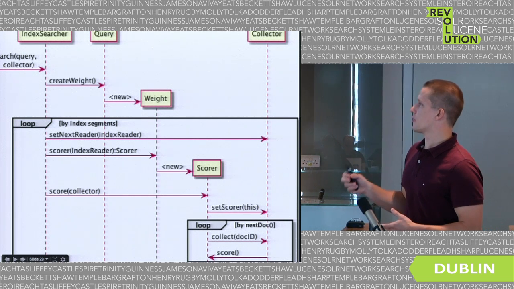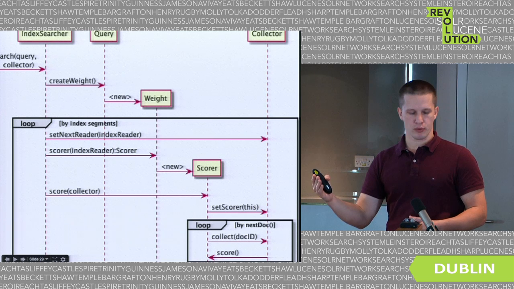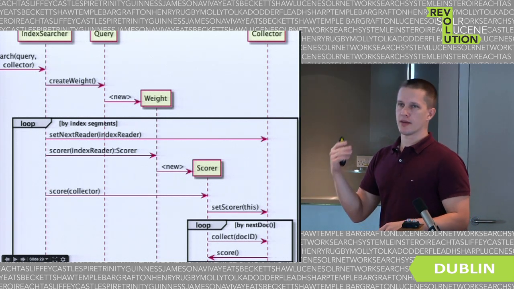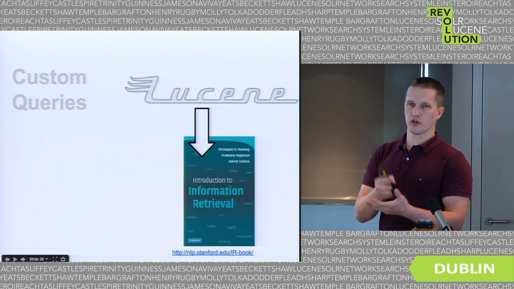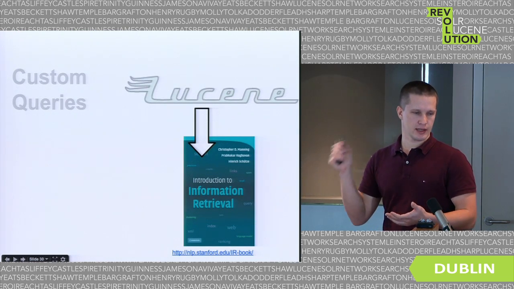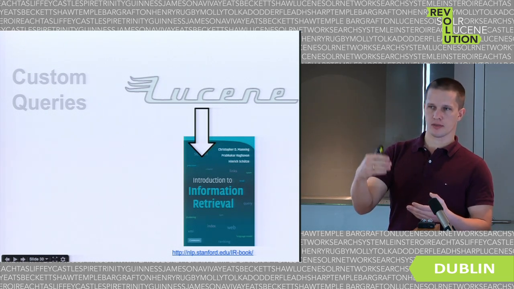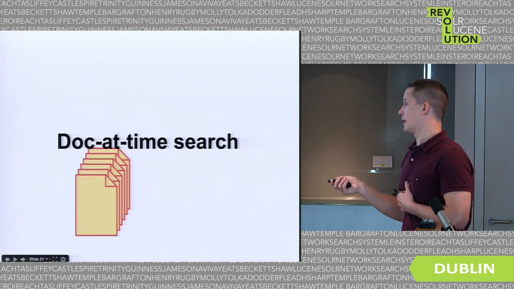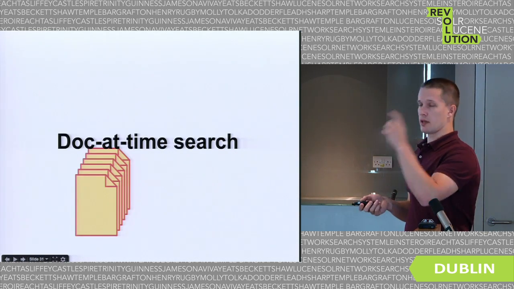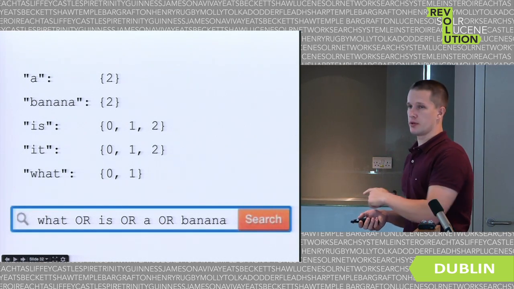In the first step, we create scorers and position them onto the first document in the posting list. Then on every step, we arrange scorers by the current document ID. It looks like this. It allows us to pick up scorers with the least document number. And we can put the document with number 0 into the collector with score 2.